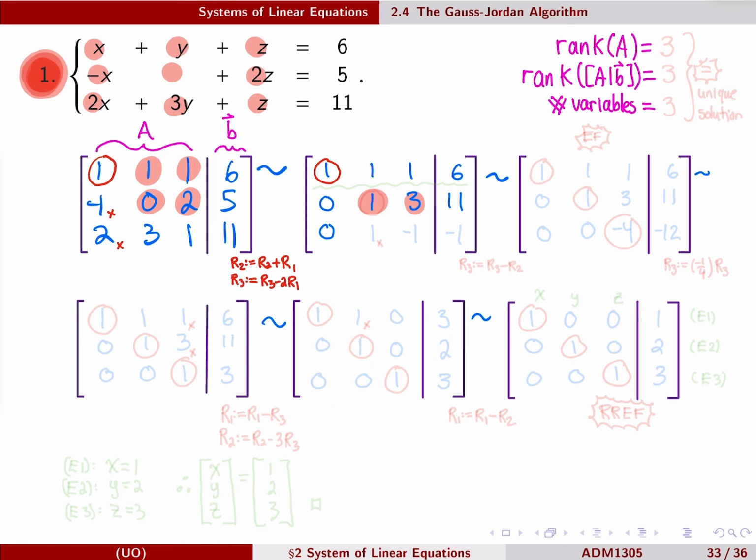And then again for the last row, so 2 minus 2 times 1 is 0, that was the point. But then you continue, 3 minus 2 times 1, you're getting a 1. 1 minus 2 times 1, you're going to get -1. And 11 minus 2 times 6, you're going to get -1 again. So that's my next matrix, and now I have to continue.